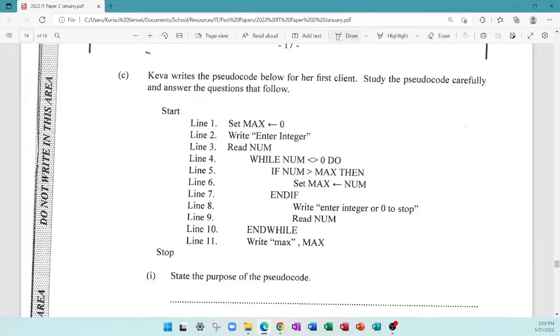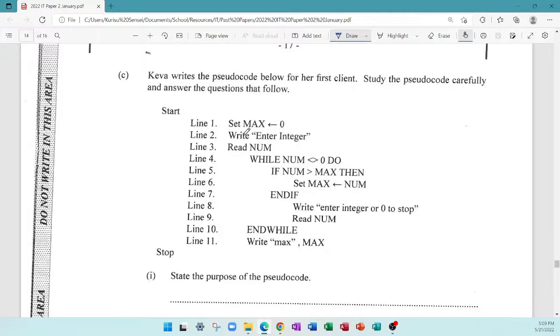Alright, to give you an understanding as to what the pseudocode is doing, just go through it line by line.